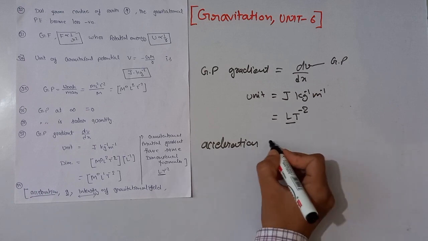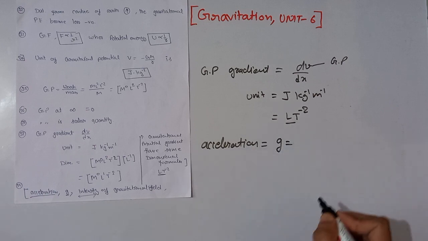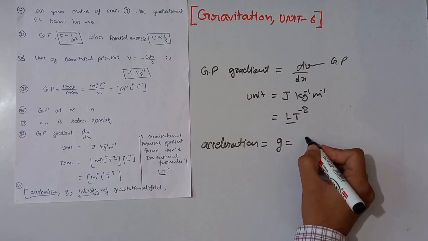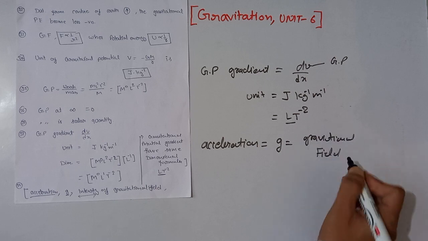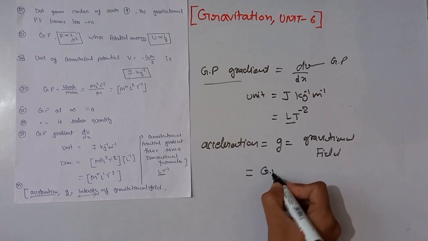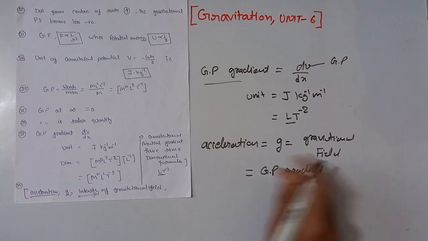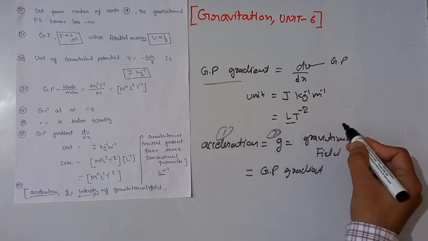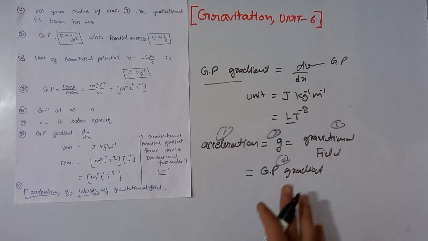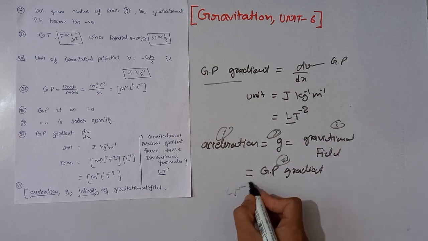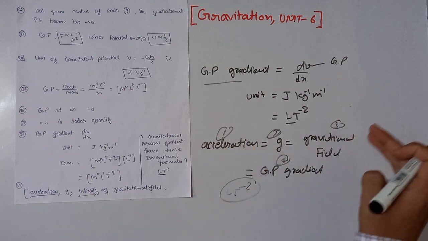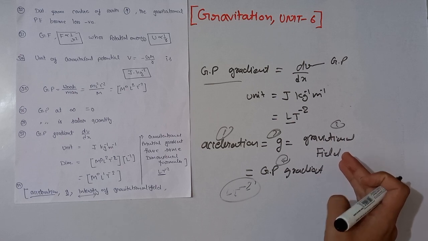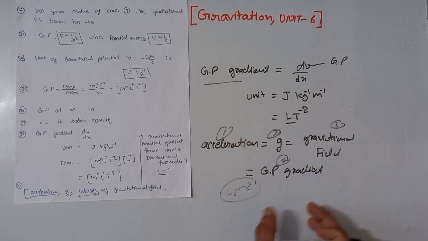The acceleration due to gravity, the gravitational field intensity, and the gravitational potential gradient all have the same dimensional formula, that is LT minus 2.